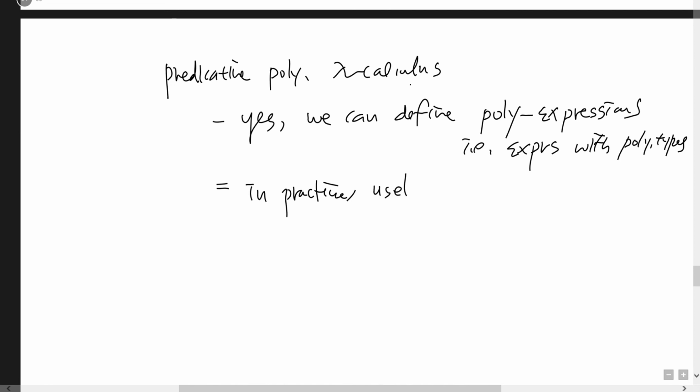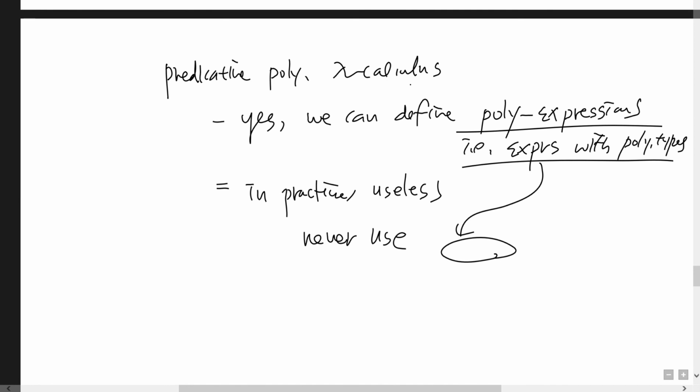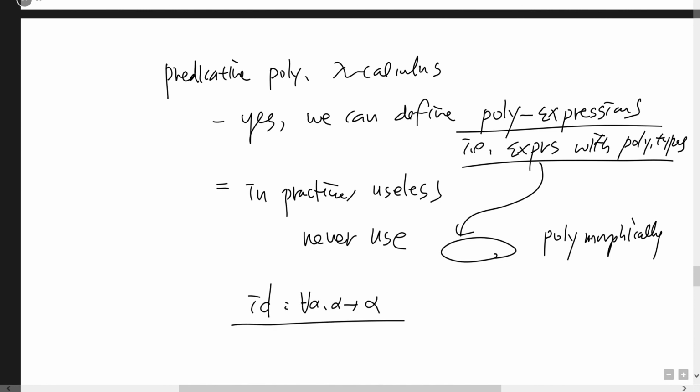In practice, it is useless because you can never pass polymorphic expressions to lambda abstractions. So you can never use these polymorphic expressions with the polymorphic types polymorphically, really polymorphically. You can define, for example, polymorphic identity function of type for all alpha, alpha arrow alpha, only to use it monomorphically.